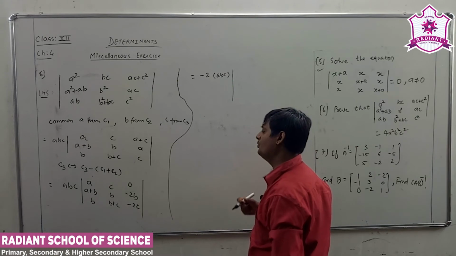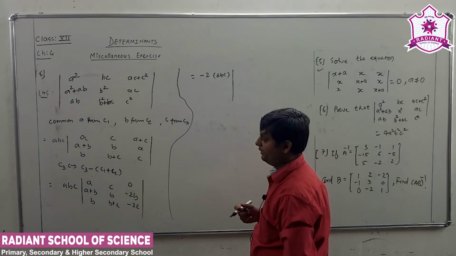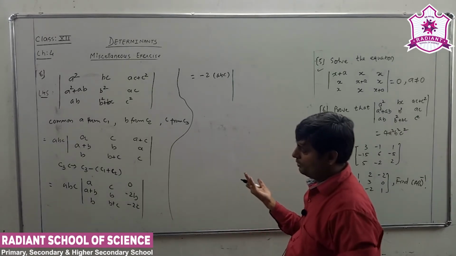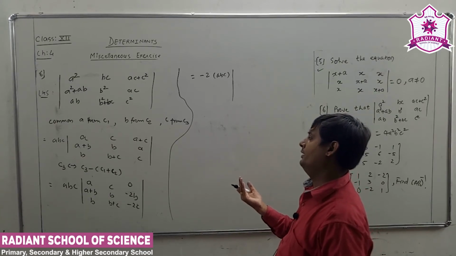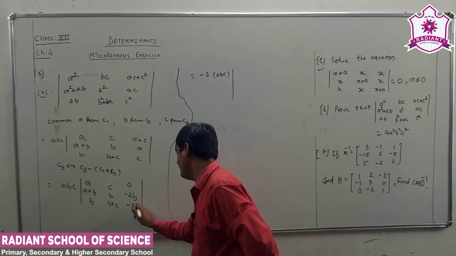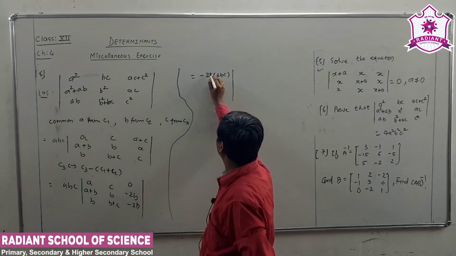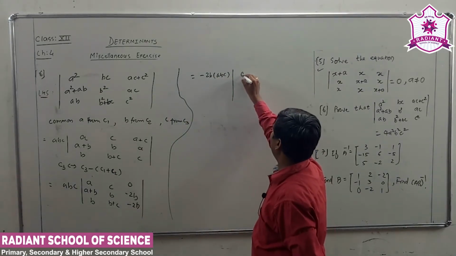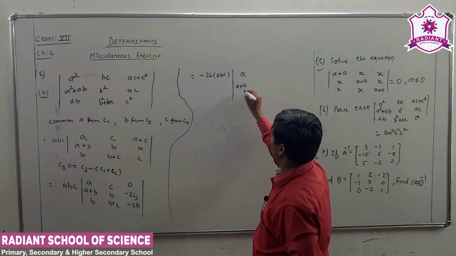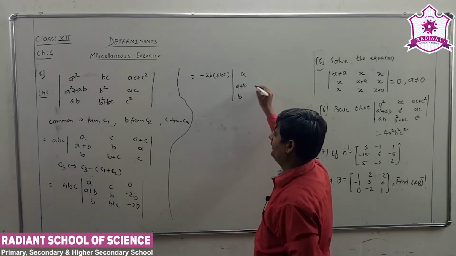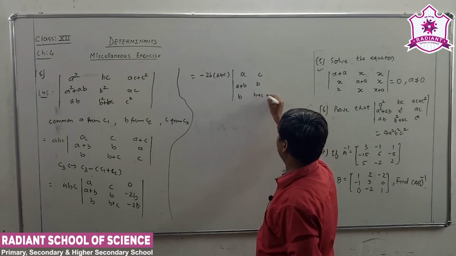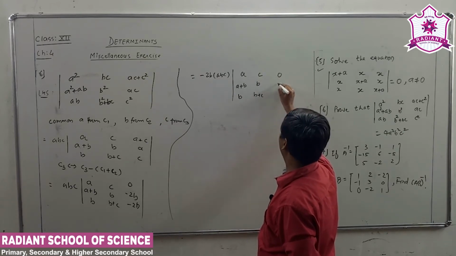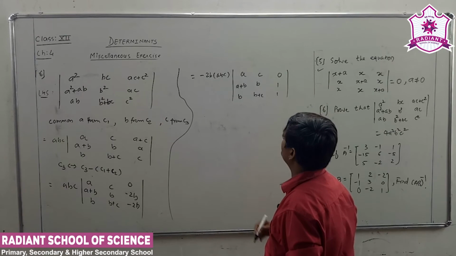So we have 2 written. Okay, simple. 2B is cut, again C cut. Yes, again 2B. Okay, so minus 2 is correct. So the A plus B and B, then C, B, B plus C, right? Okay, 0, 1 and 1, minus 2B is common.